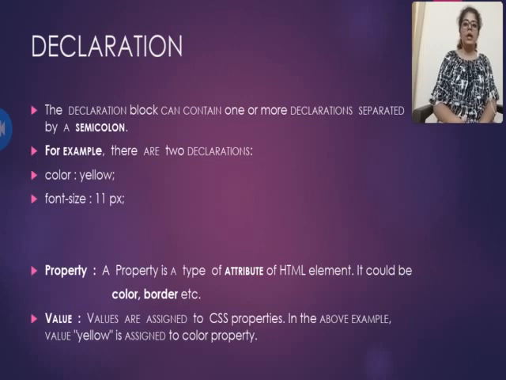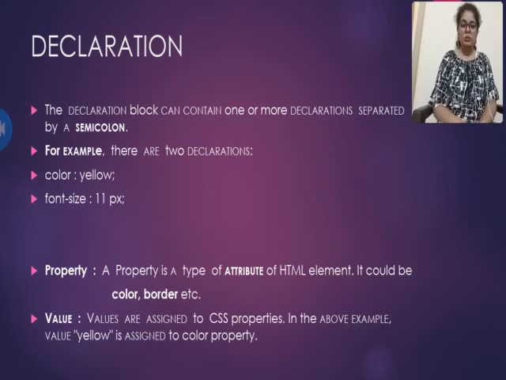For example, here I have taken color. Look at the example, color. Here color is the property, meaning what I want to apply is color. So color is the attribute or property.